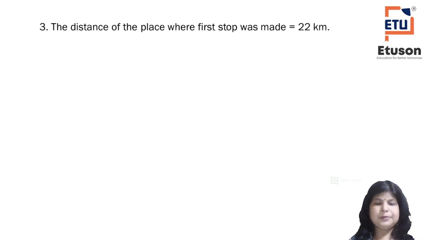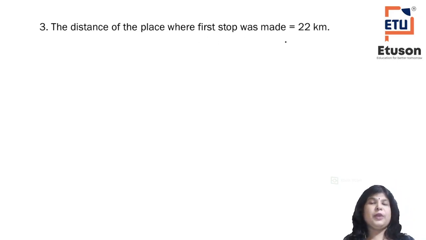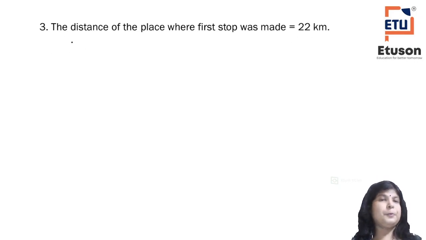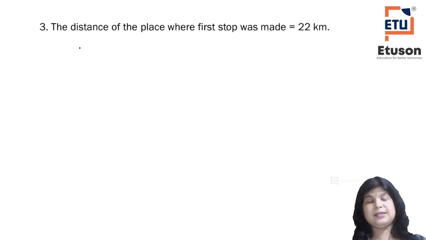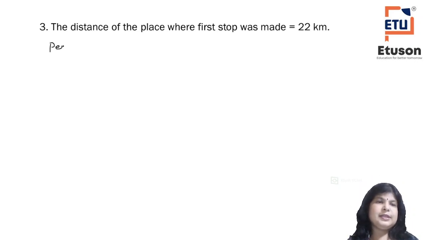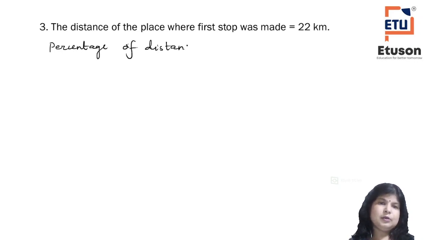The distance of the place where the first stop was made is 22 kilometers. So you have to find out how much percentage of the distance is covered. How are you going to find out? So this is 22 divided by 55 into 100, right?